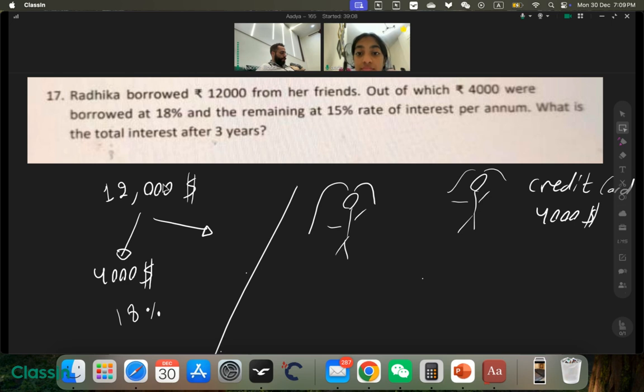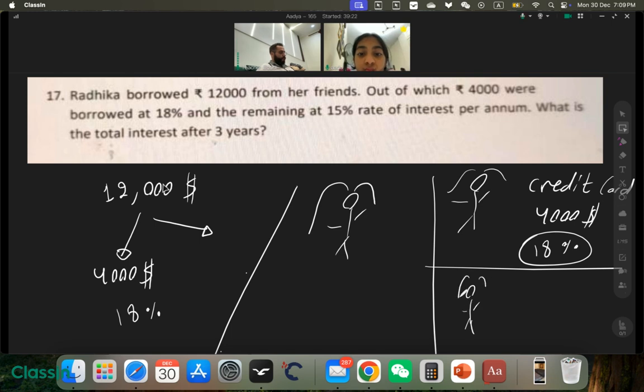The bank needs to charge interest, right? Yeah. Okay, so the interest is 18%. Now, this is the first friend. The second friend, how much? So she wanted $12,000. She took $4,000 from her friend. How much is left? The remaining.